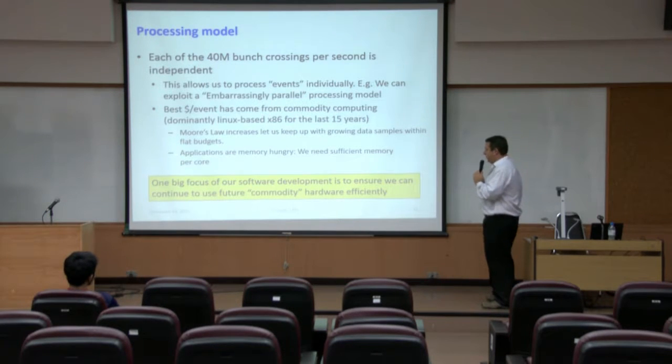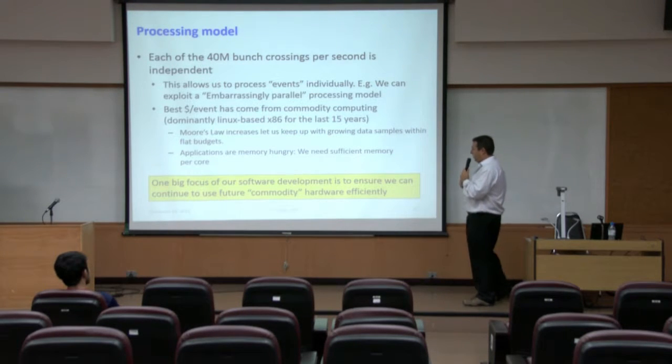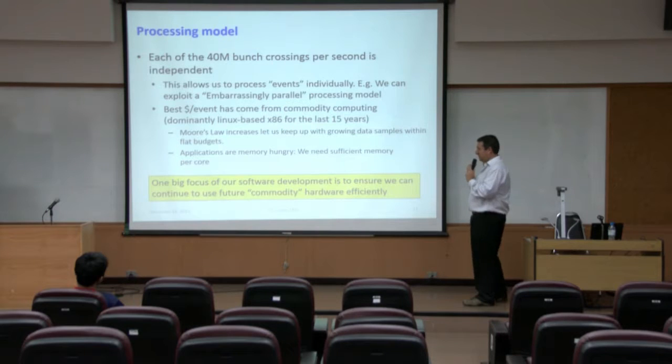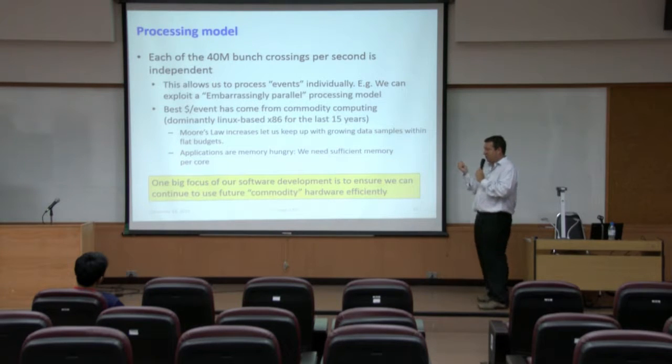I think the other important point about our applications is that, different from a lot of applications, they're pretty memory hungry, so we tend to need 3 gigabytes per CPU core, which I think on the scale of things is relatively a lot, and it means that as computing technology moves towards having smaller memory per core, we're having to make adjustments for that reason.